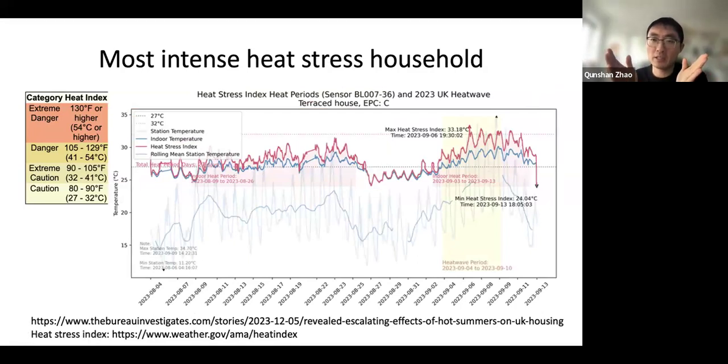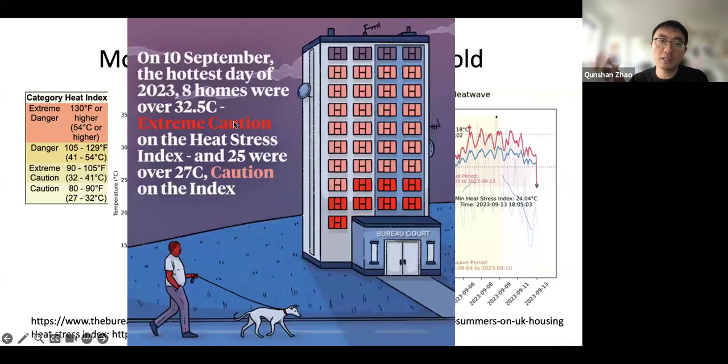Even though some of the indoor temperatures only reach about 30 degrees during the heat wave, adding the indoor humidity increases it above, I would say, the extreme caution category of this heat index, which means they experience a fairly hot environment indoors during the heat wave in London.